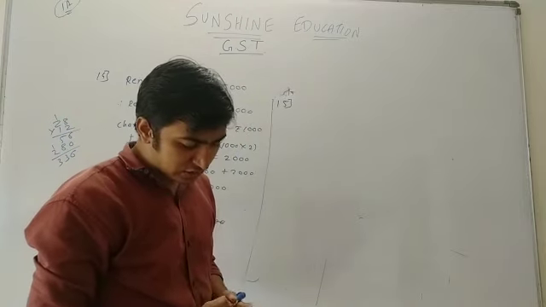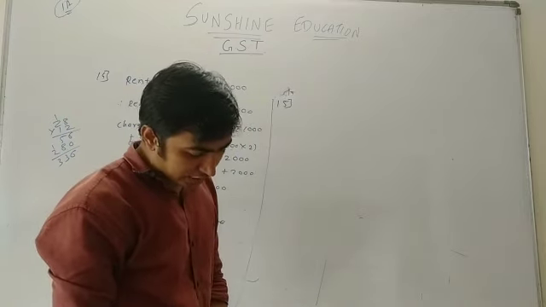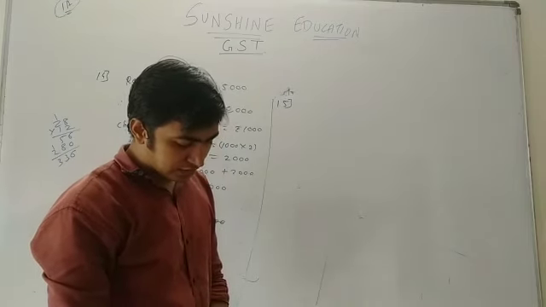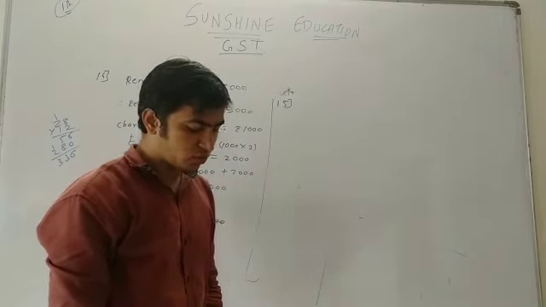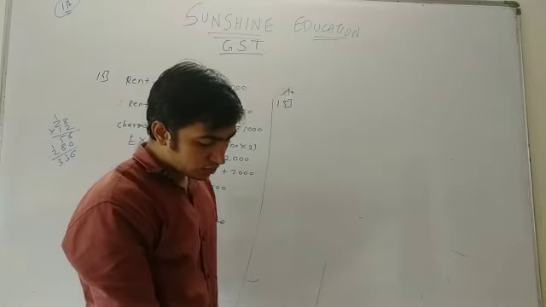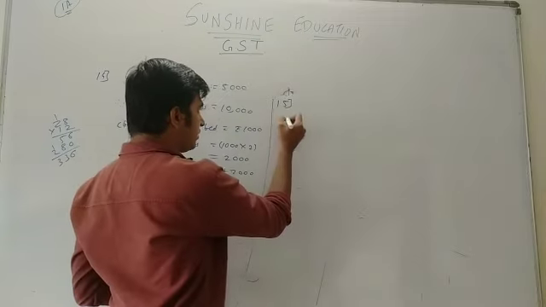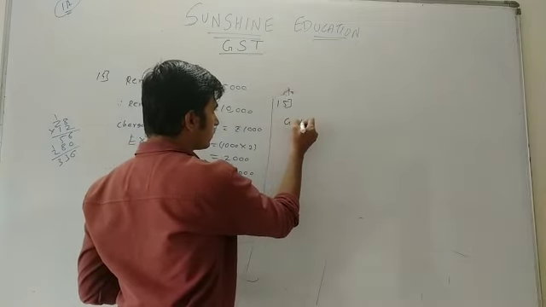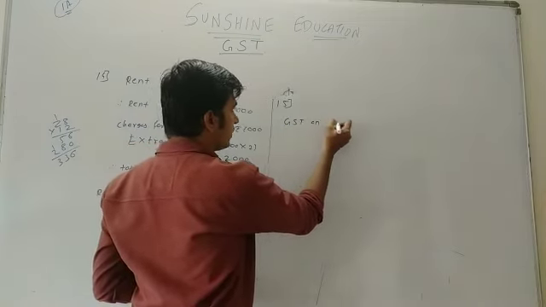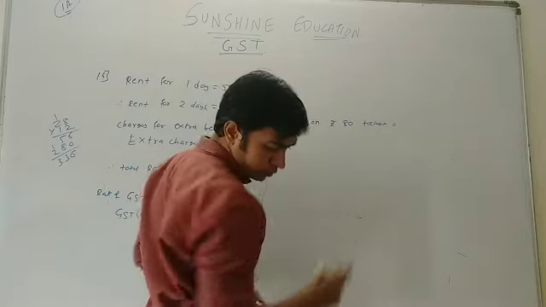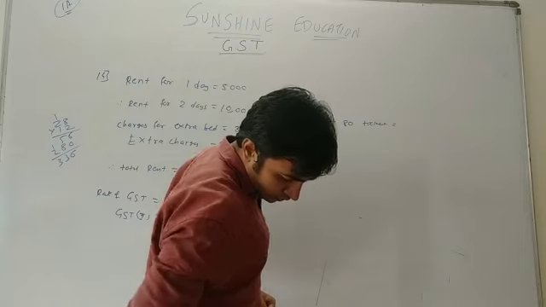How much extra GST did he pay for the ticket if the GST for a ticket below 100 is 18% and for a ticket above 100 is 28%? First he was trying to purchase a ticket of rupees 80. So GST on the rupees 80 ticket is 18%.